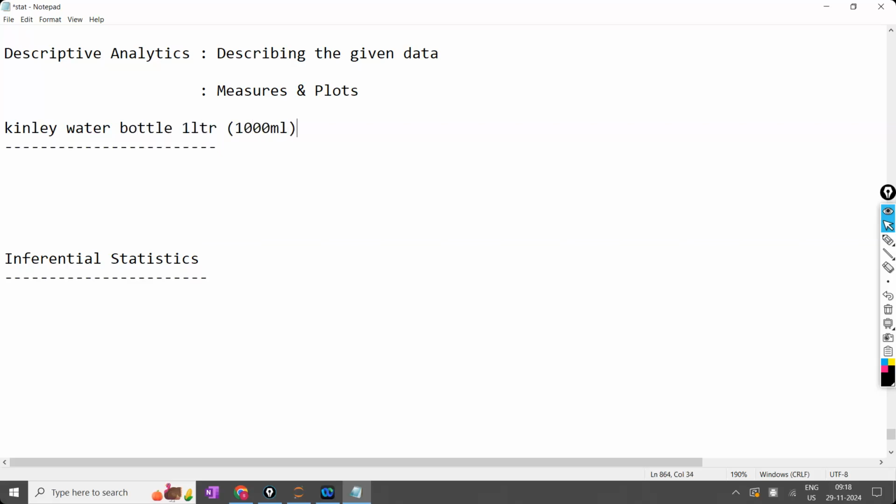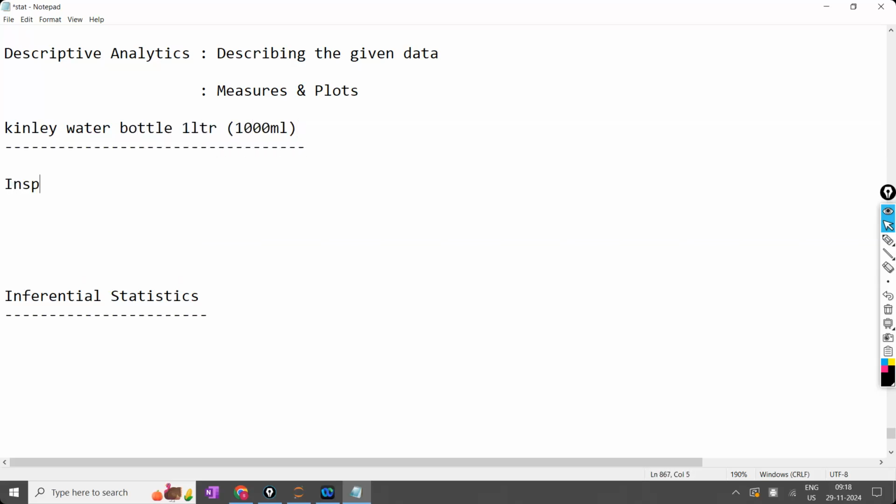Now we have to check whether the given bottle contains 1000 ml, or more than 1000 ml, or less than 1000 ml. A quality inspector who comes and inspects wants to know whether 1000 ml is available in the bottle or not.